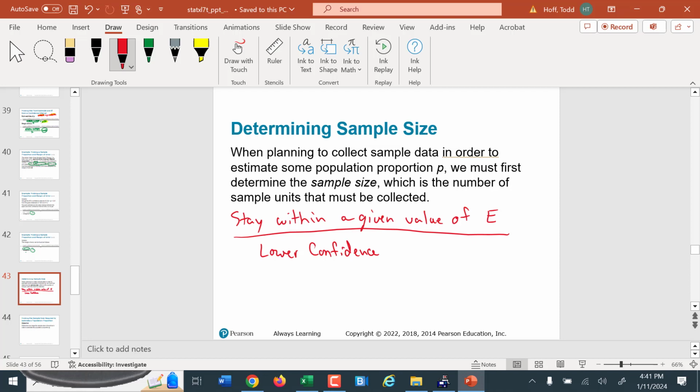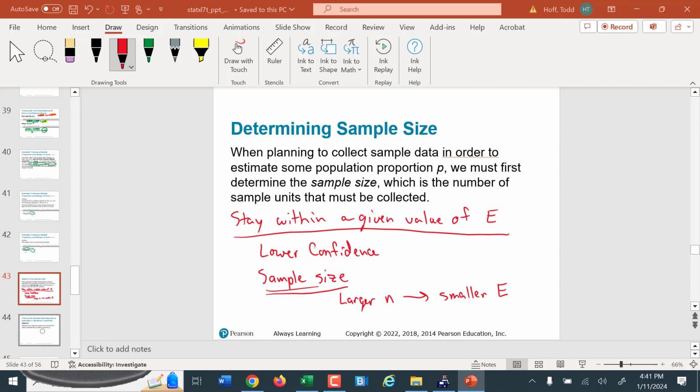We can't change our standard error because that's the proportion, and the proportion exists, so we can't alter that. So the only other thing we could alter is the sample size. A larger sample, a larger value of N, means a smaller value of E.